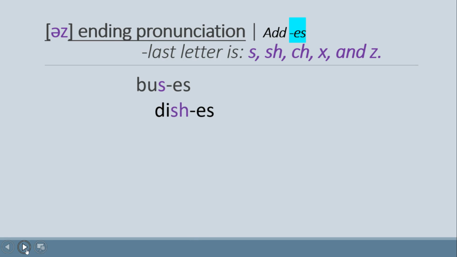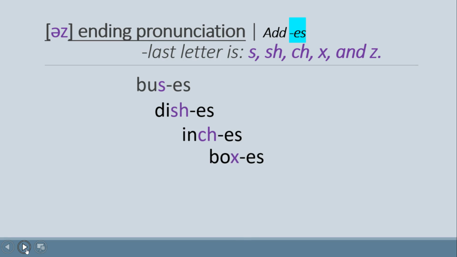The next example shows a word finishing in SH consonant, and this is pronounced as sh. So we have dish. So we add ES and we get dishes, dishes. When it comes to CH ending, we get inches, inches.